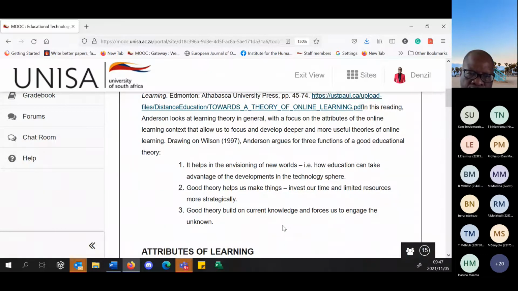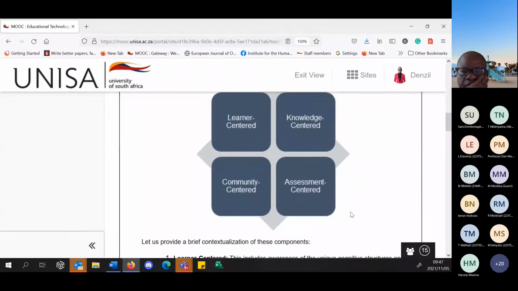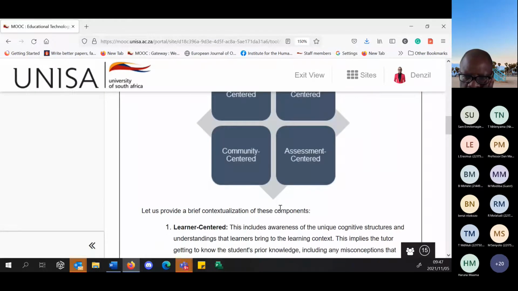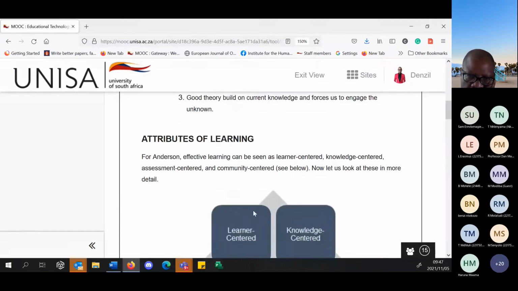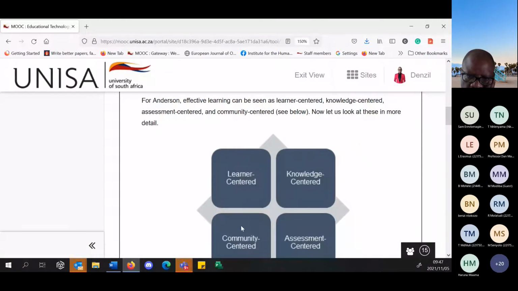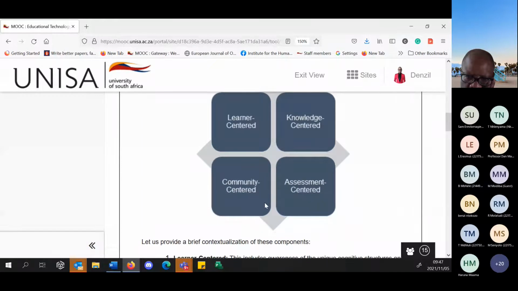So the attributes of learning, and as we start to think of technology, he shifts this, right? The normal process was to think of the learner at the center and everything revolves around the learner. And he shifts this, says there needs to be a learner-centeredness, a knowledge-centeredness, a community-centeredness. And community-centeredness means a community of participants, creating a community of learners, right? And assessment-centered.